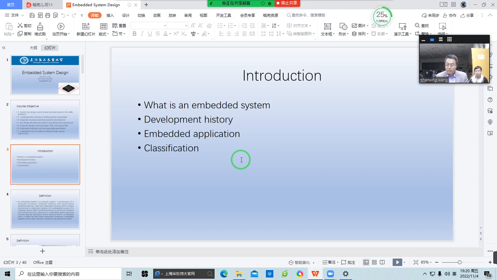Another is healthcare devices for human beings, like a foot massage machine or an eye massage machine. These also belong to consumer electronics. Another is what everyone knows, like a refrigerator or an air conditioner. These all belong to consumer.